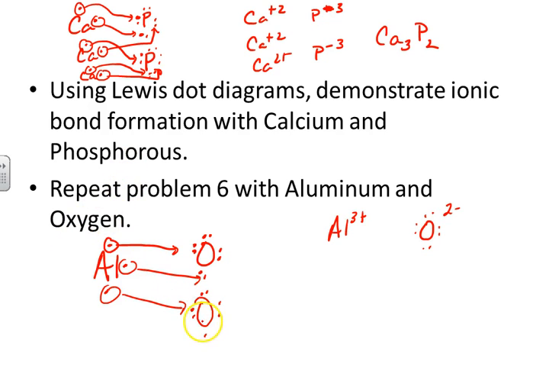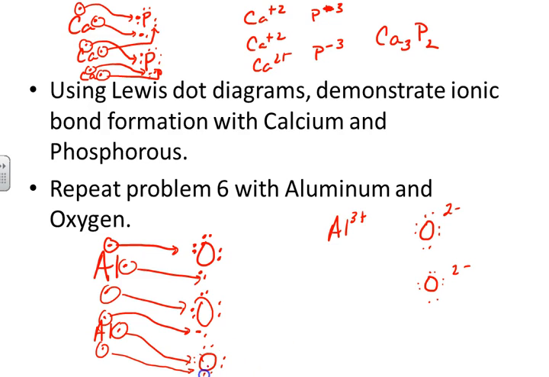Now we have an oxygen that needs another electron, so we bring in an aluminum, 3 electrons, transfer 1 to take care of the second oxygen. There's another oxygen 2-, but we've got an aluminum that has 2 electrons to give, so we bring in an oxygen that has a need for 2 electrons.